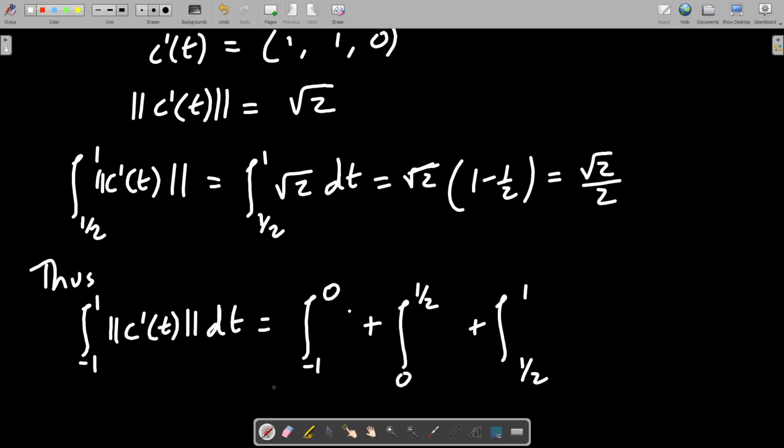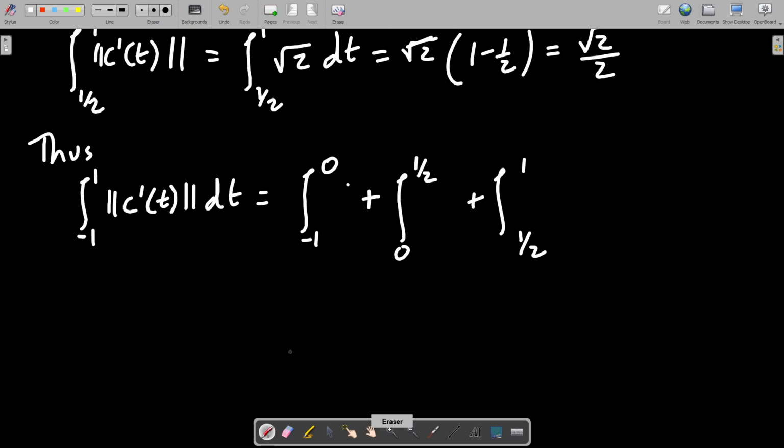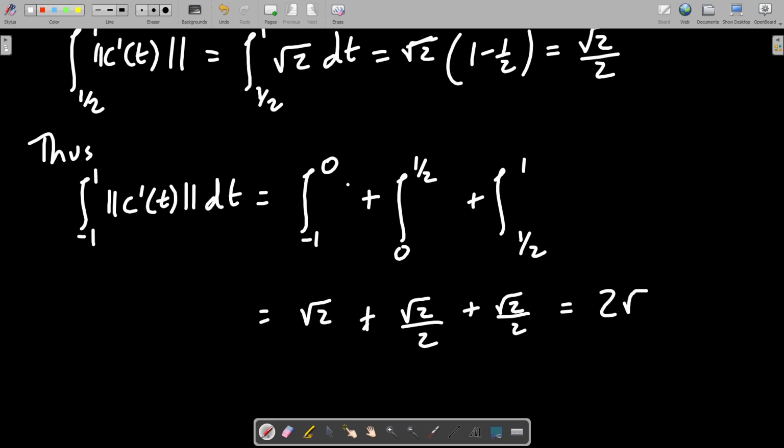I split this integral into 3 parts as we have done above. This will be calculated as root 2 plus root 2 by 2 plus root 2 by 2. So the total is 2 root 2.